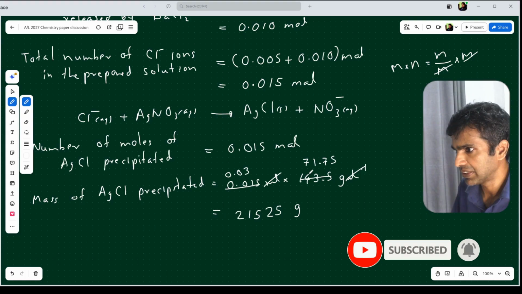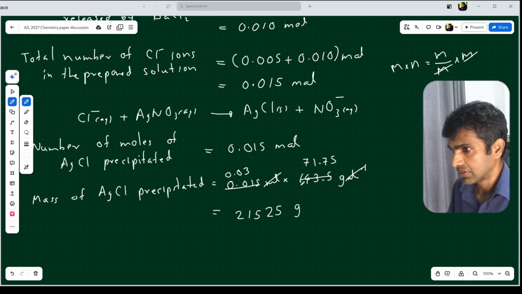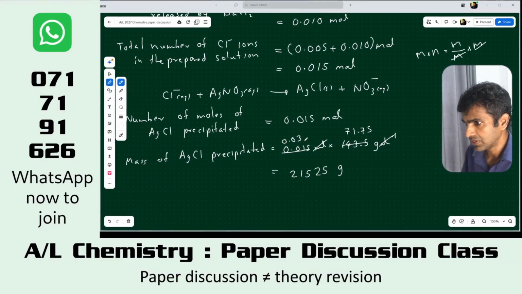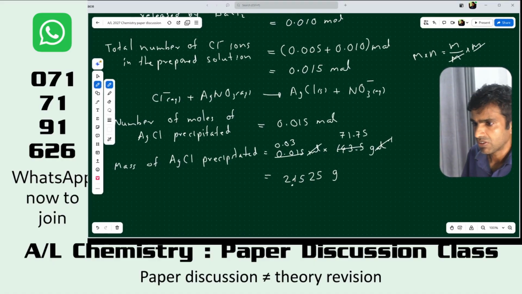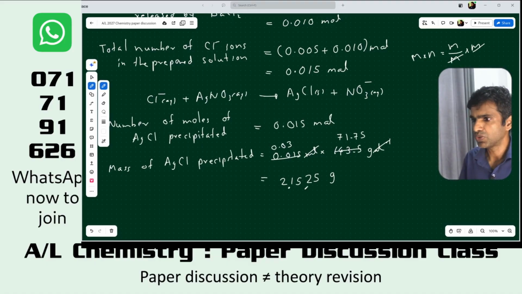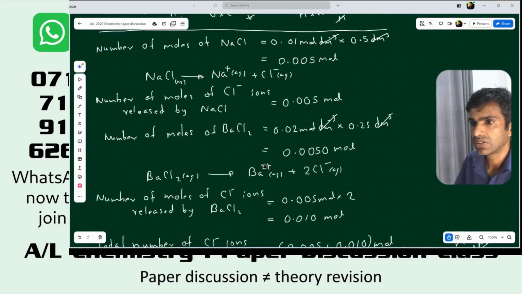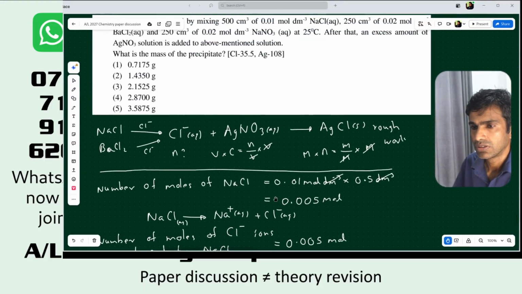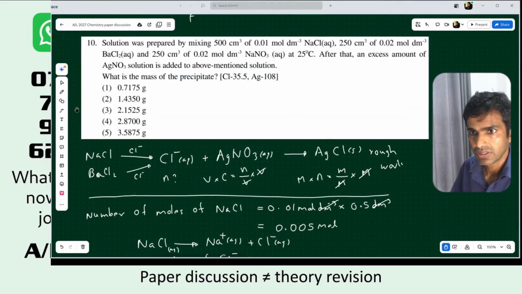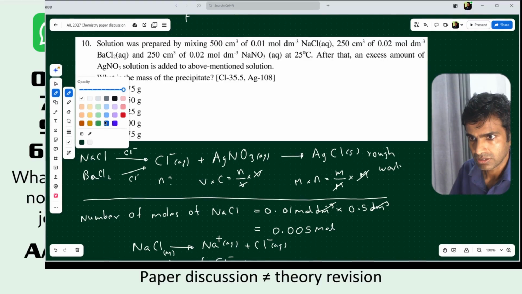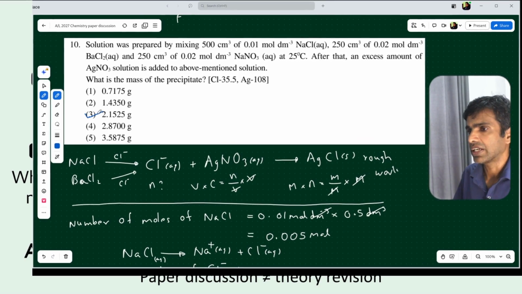Then how many decimal places? 2 decimal places, 2 decimal places, all together 4 decimal places. So the mass of silver chloride precipitated is 2.1525 grams. So we can check the given answers. That value is given in the third answer. Therefore, for this question, the third one is the correct answer.